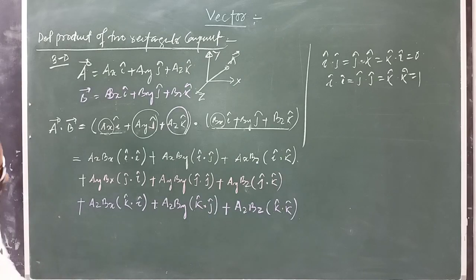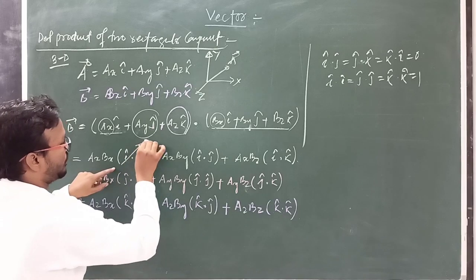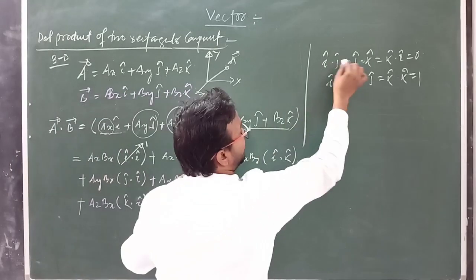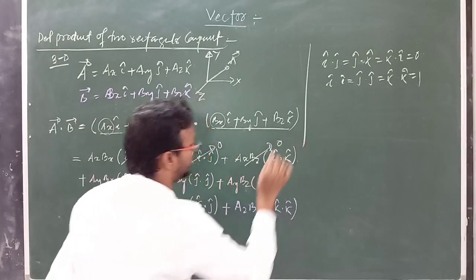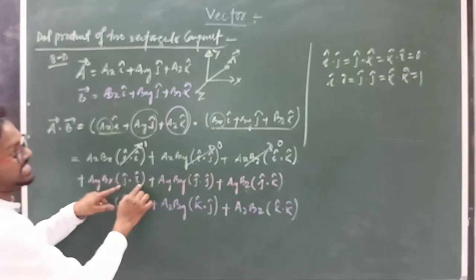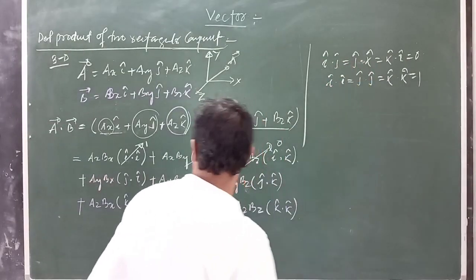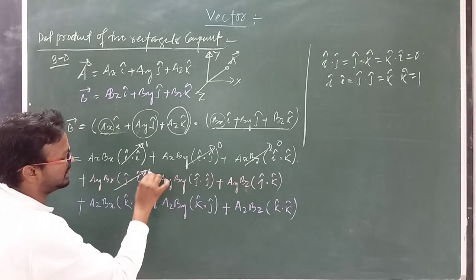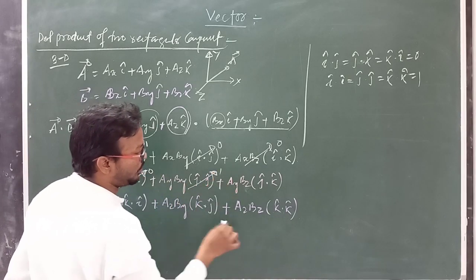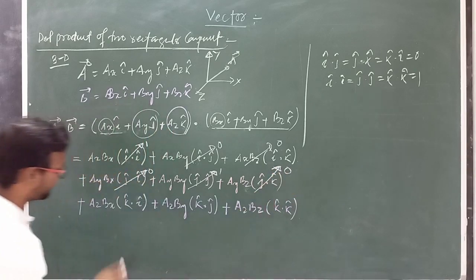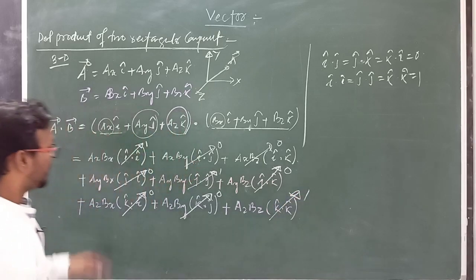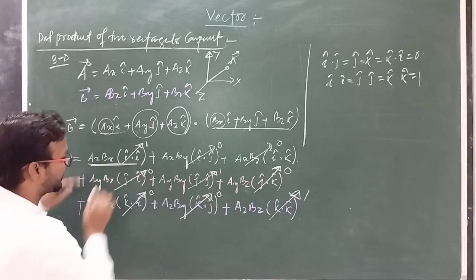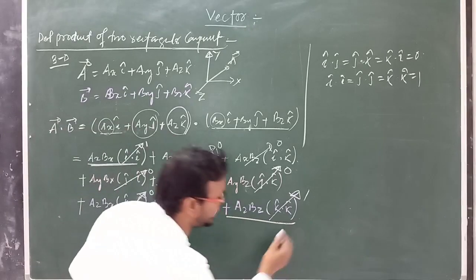So here look at this term, i dot i we get here 1, i dot j is 0 and i dot k is also 0. j dot i follows the commutative rule, so this is also 0, but j dot j equal to 1, j dot k equal to 0, and k dot i equal to 0, k dot j equal to 0, but k dot k equal to 1. So in the first line only one term remains, and in the second line this term, and in the third line this term.